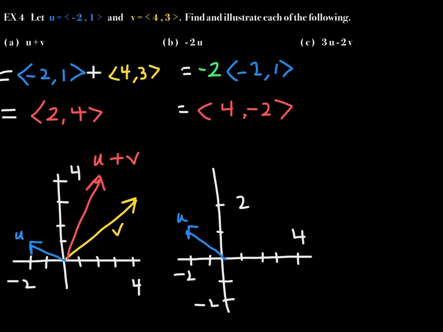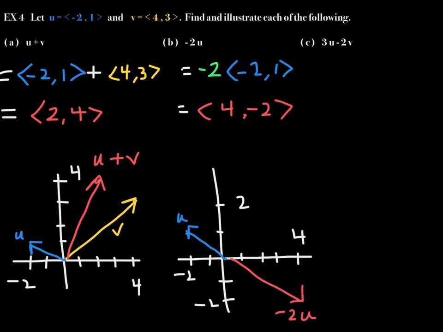To illustrate this, I already have vector u on the board. We plotted that last time. Now we want to get vector negative 2 times u, which terminates at coordinates 4, negative 2, which is about right here. So here is negative 2 times u.